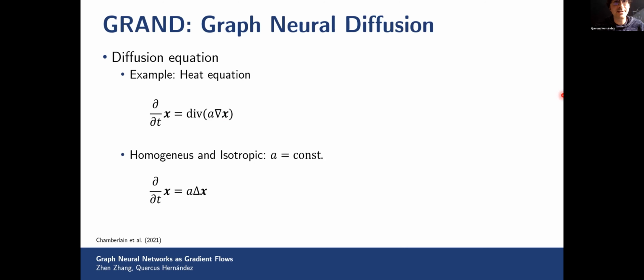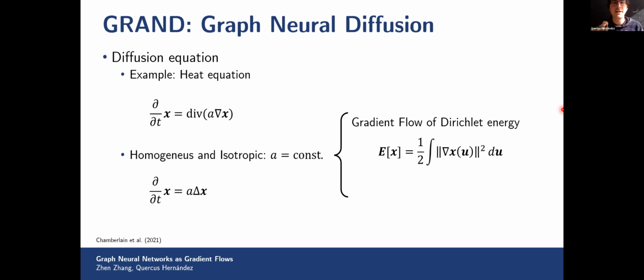There's a special case in which the diffusion parameter is homogeneous and isotropic, so you can factorize it, and the divergence of the gradient is still the Laplacian. Okay, so we get this homogeneous isotropic diffusion equation, which has two main comments.